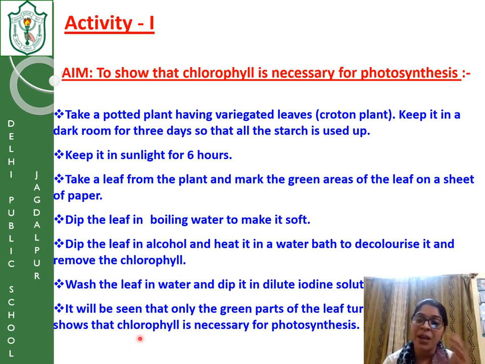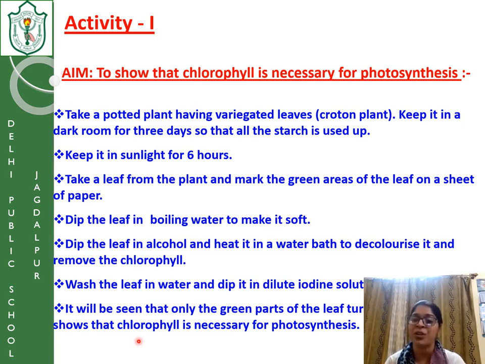You will be surprised to see that when you take out the paper on which you marked the green-colored portion, exactly those areas have converted into blue-black. What does it show? It shows that in those 6 hours, the chlorophyll came into contact with the sunlight, trapped it, and did the process of photosynthesis.